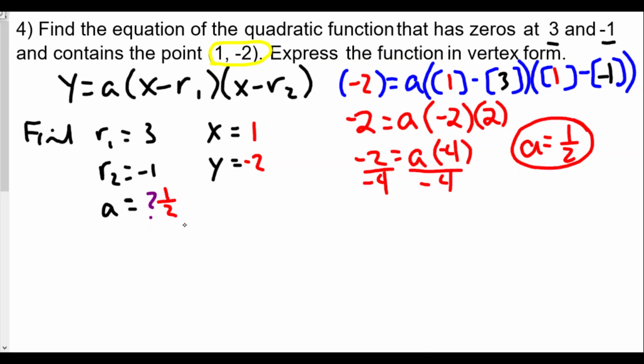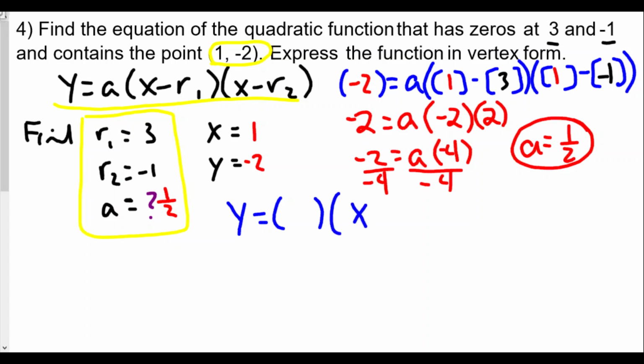Now that we found the a value, we can plug into our formula again using the same formula from before, y equals a times (x minus r1) times (x minus r2). But we're only filling in our r1, r2, and a value, leaving x and y alone. So for the root form, we'll have y is equal to, parenthesis for the a, open parenthesis x minus bracket for r1, close parenthesis, open parenthesis, x minus bracket for r2.